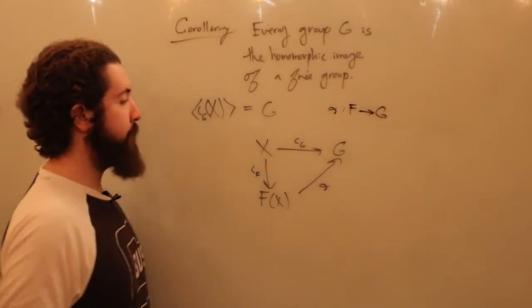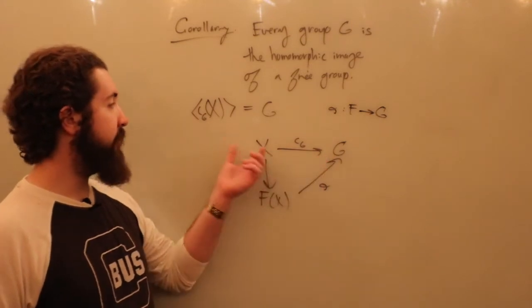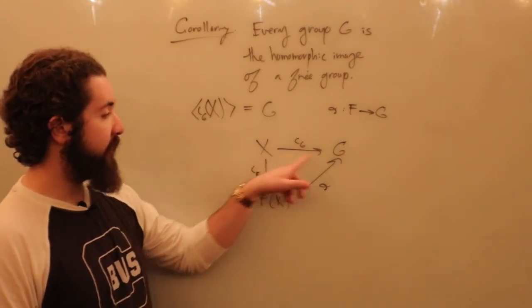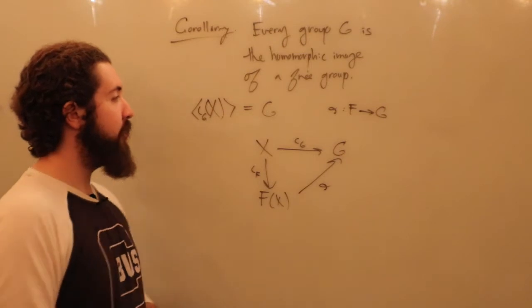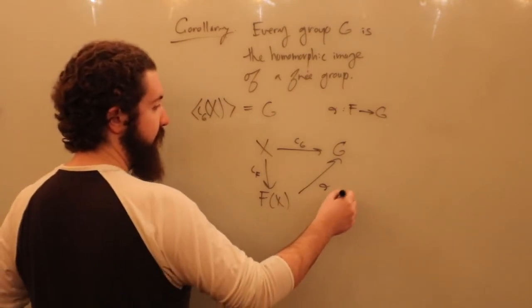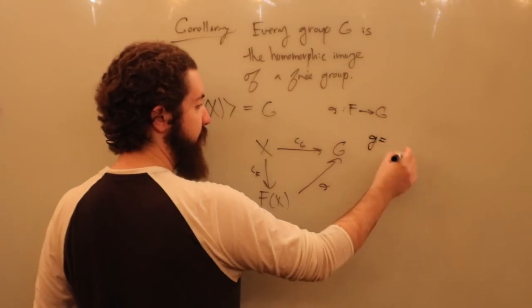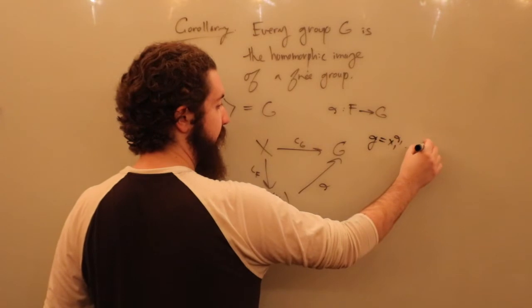But more importantly, because X generates G, or rather the inclusion under this iota sub G map of X in G generates G, then we know that each element in G can be written by definition, right? General G can be written as x1 to the alpha 1 all the way up to xm to the alpha m.